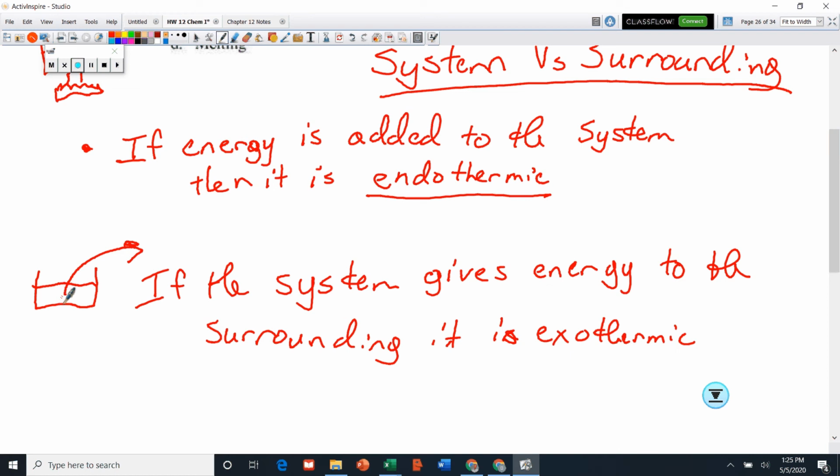The heat goes from the object to the surroundings, and then that is pulled out. That's why air conditioners have intake vents drawing the hot air out of the room and pushing new air in so that the new air feels cooler. So this is exothermic because the system is giving off heat to the surroundings.